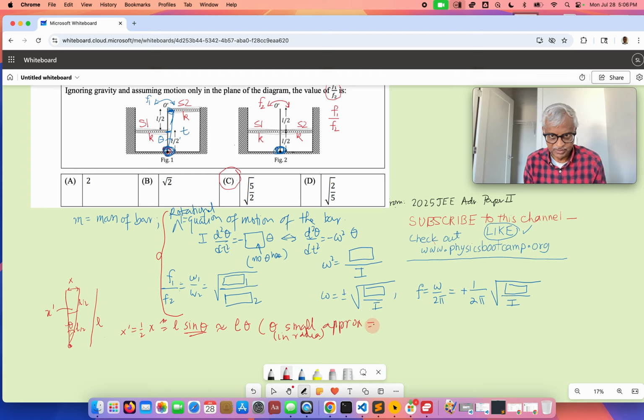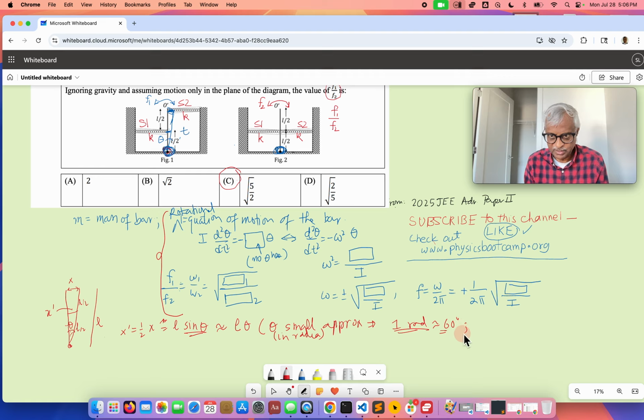Remember, 1 radian is around 60 degrees. Theta small means much smaller than 1 radian. If you have a tenth of a radian, that'll be 6 degrees. So it's going very small.